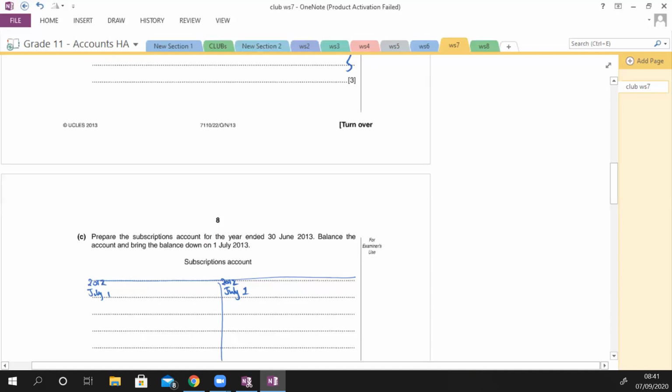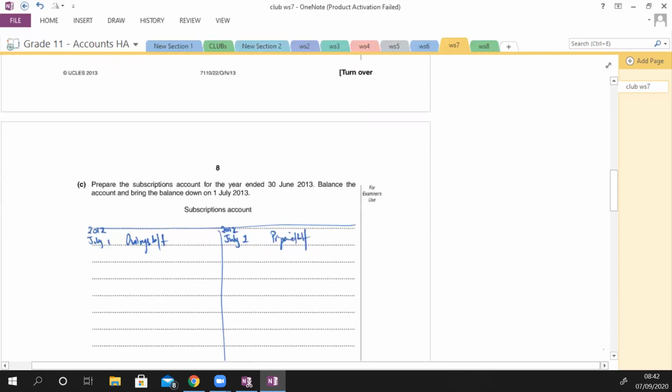July 1. This is owings brought forward, prepaid brought forward. Prepaid goes below, bank, owings goes below, charge to income and expenditure account. This is going to be on opening balances.